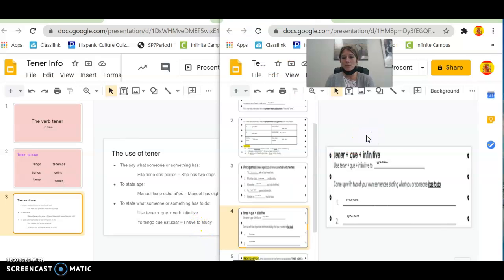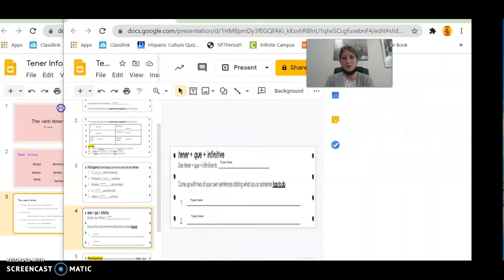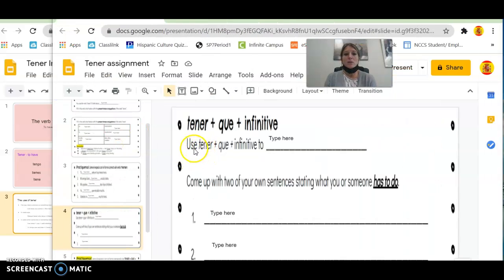So if we bounce over to this slide, this is part of your assignment. Use tener plus que plus an infinitive to say what someone or something has to do.